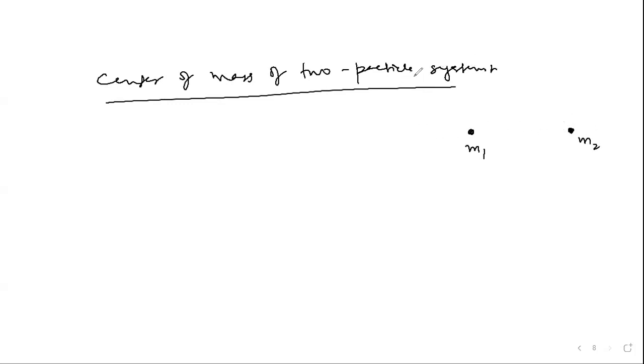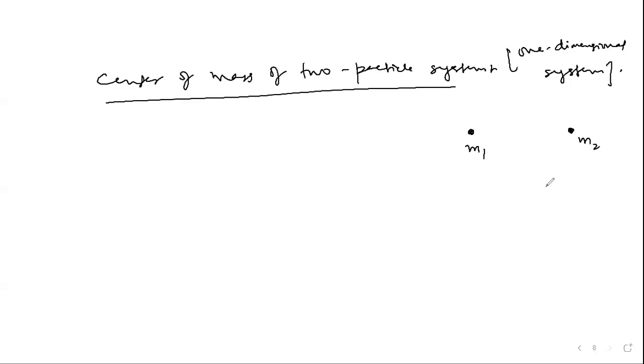So a two particle system is always a one-dimensional system, right? Understand this? I'm saying if I have two particles located anywhere, they must lie on a straight line joining them. So if I have a two particle system, it is a one-dimensional system.